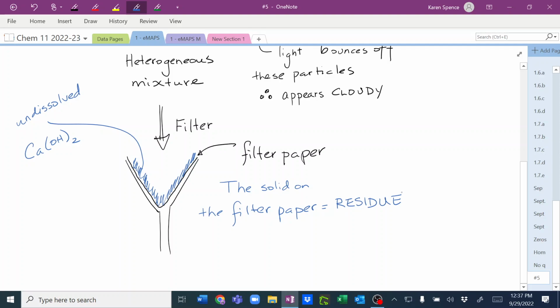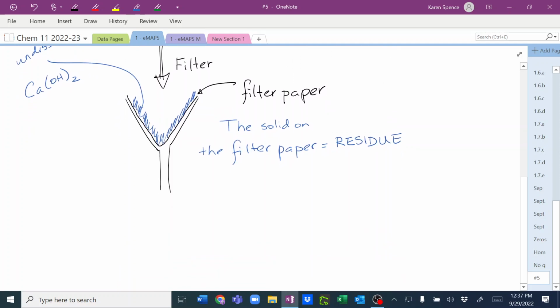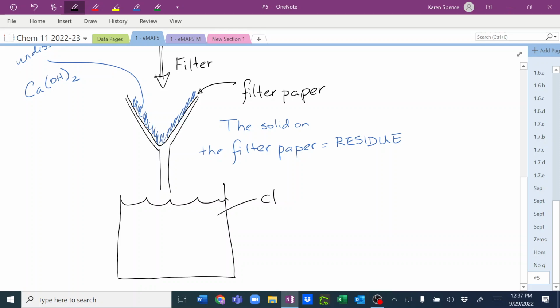So there's our residue. And down below we had a beaker. Was this cloudy or was it clear? It was clear. In other words, it was transparent. Excellent.